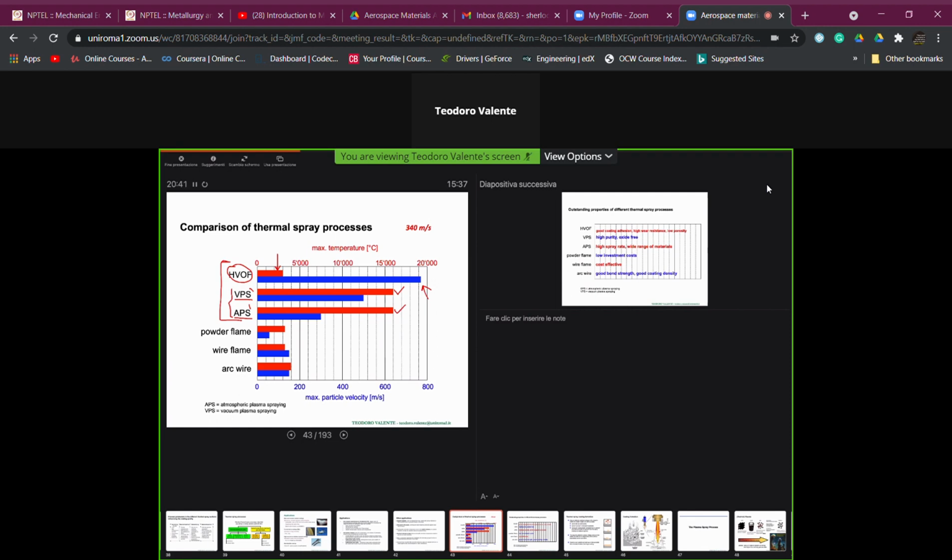So the combustion-based processes are not so suitable to fabricate coatings starting with ceramic powders. Even though some examples exist with very fine powders used as feedstock, generally speaking, our ceramic-based materials have melting temperatures approaching 3,000 Kelvin or 3,000 Celsius.